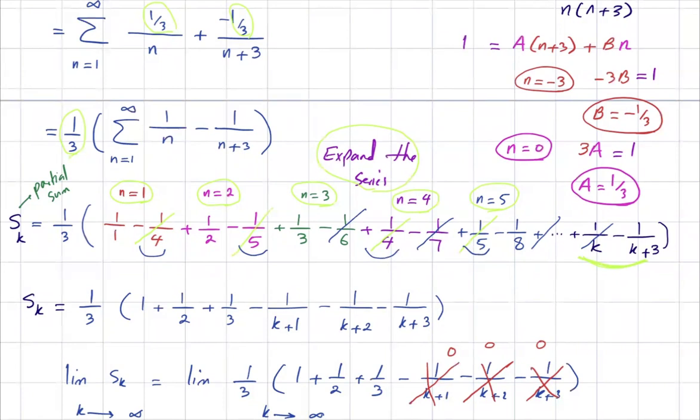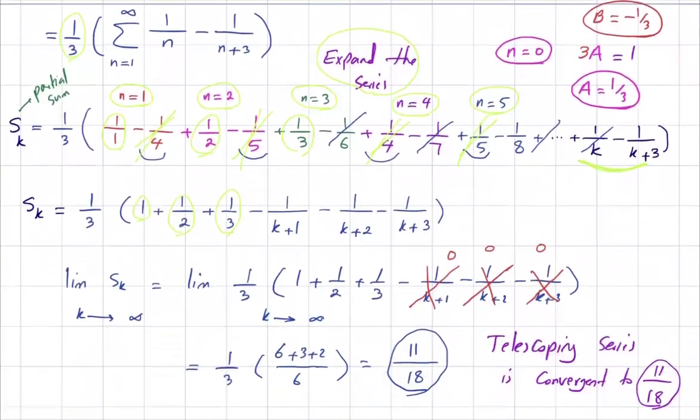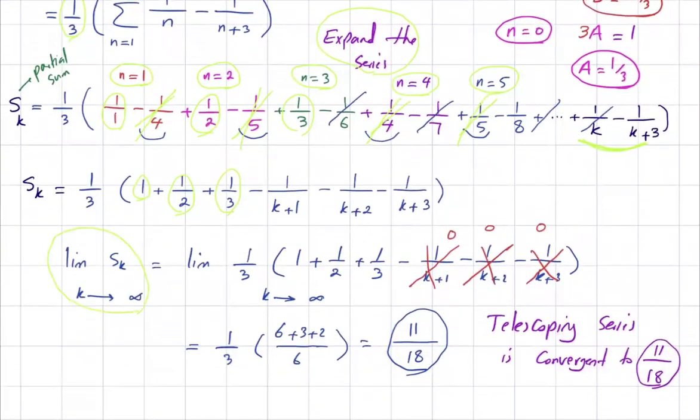So I end up canceling some of the terms like negative a fourth and a fourth, a fifth, negative a fifth, and so on. All these terms get canceled out except for 1, a half, a third, and also negative 1 over k plus 1, negative 1 over k plus 2, negative 1 over k plus 3. Now, if I take the limit of the partial sum, the limit of the partial sum is 11 over 18. So the telescoping series is convergent to 11 over 18.